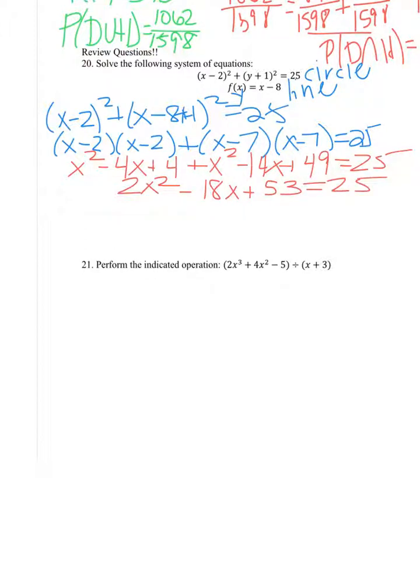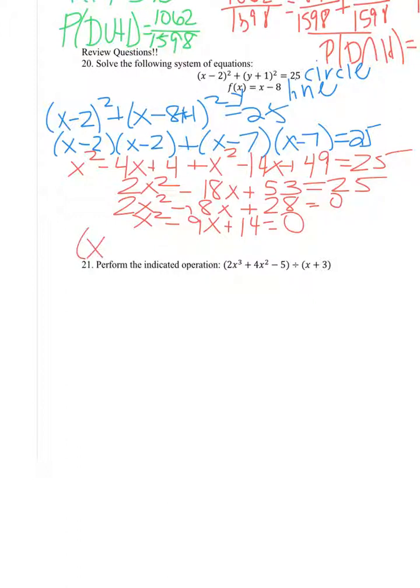I subtract 25 and I get 2x squared minus 18x plus 28 is equal to 0. Okay? So one thing I can do right away is take out 2's from everything to make it easier. So this is x squared minus 9x plus 14 equals 0.